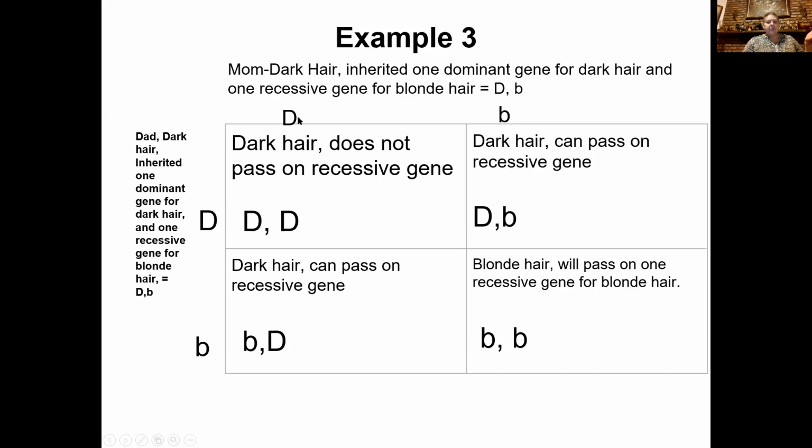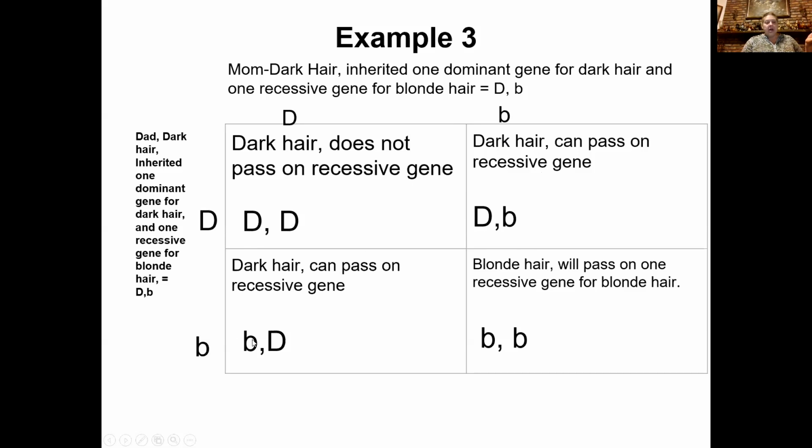Okay, this kid one here has dark hair and does not have a chance to pass on the recessive blonde gene because they don't have it. This kid has dark hair, got the dark hair gene from dad, the blonde hair gene from mom. So this kid has dark hair and can pass on the recessive gene. This kid and this kid kind of have the same thing.